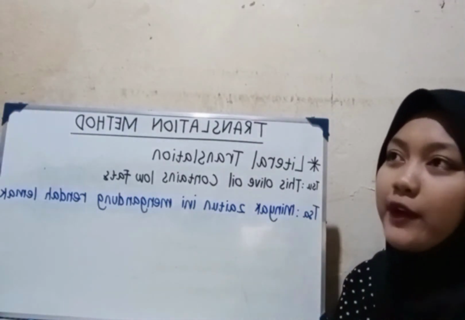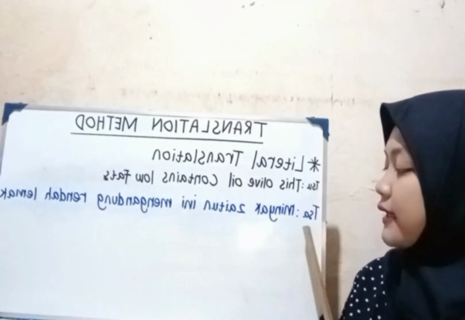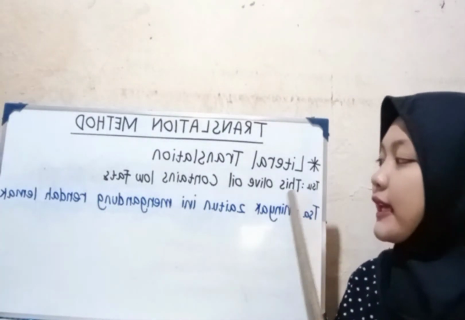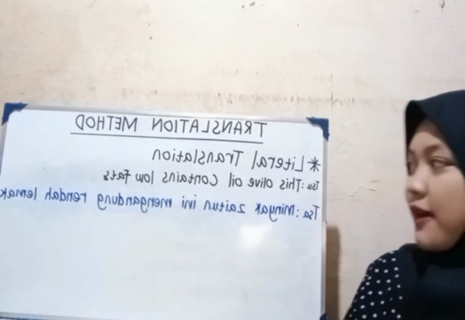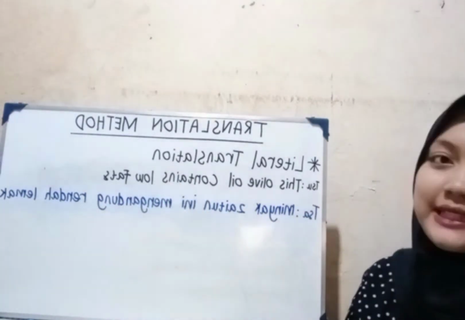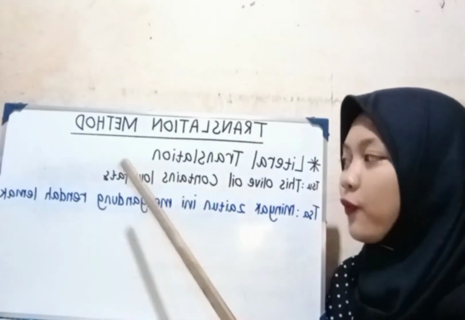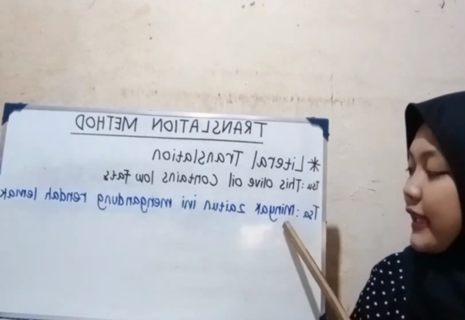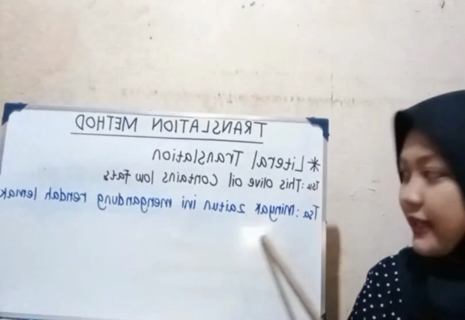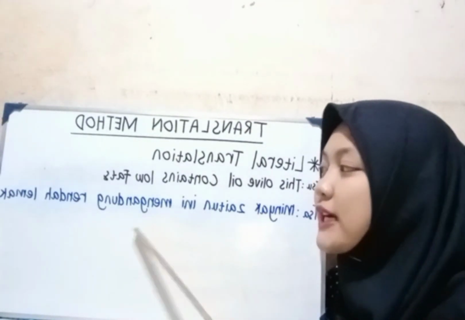If in the word for word translation method, the meaning in the target text is ini zaitun minyak mengandung rendah lemak. But in the literal translation method, we can translate like this: minyak zaitun ini mengandung rendah lemak.